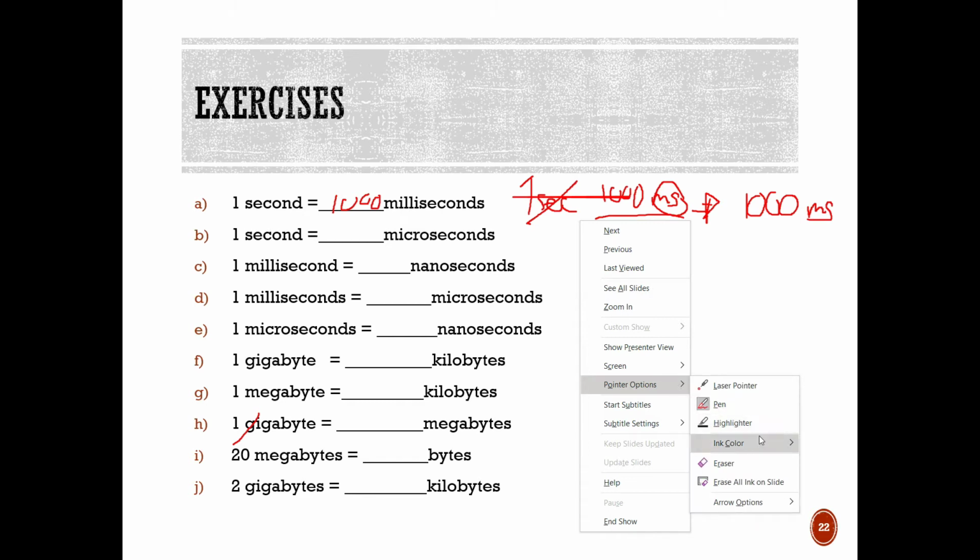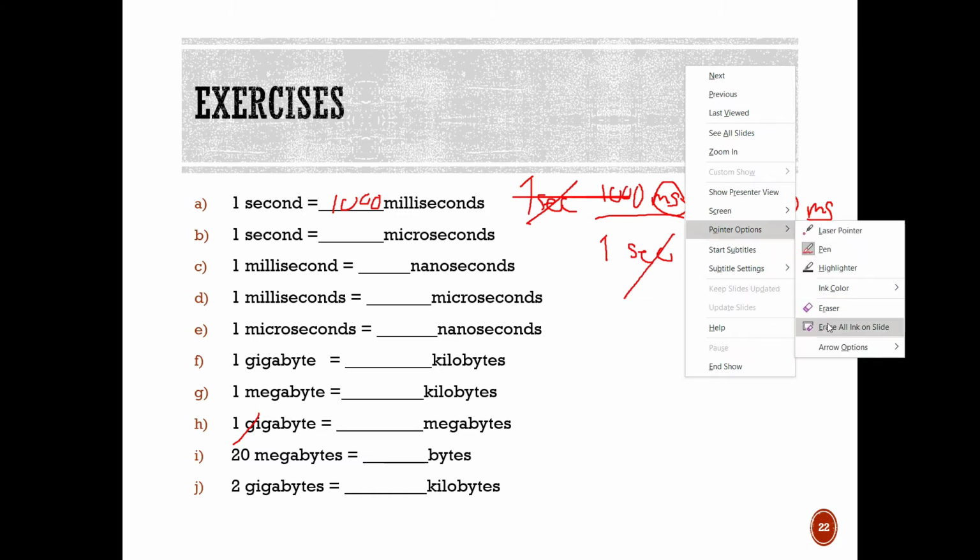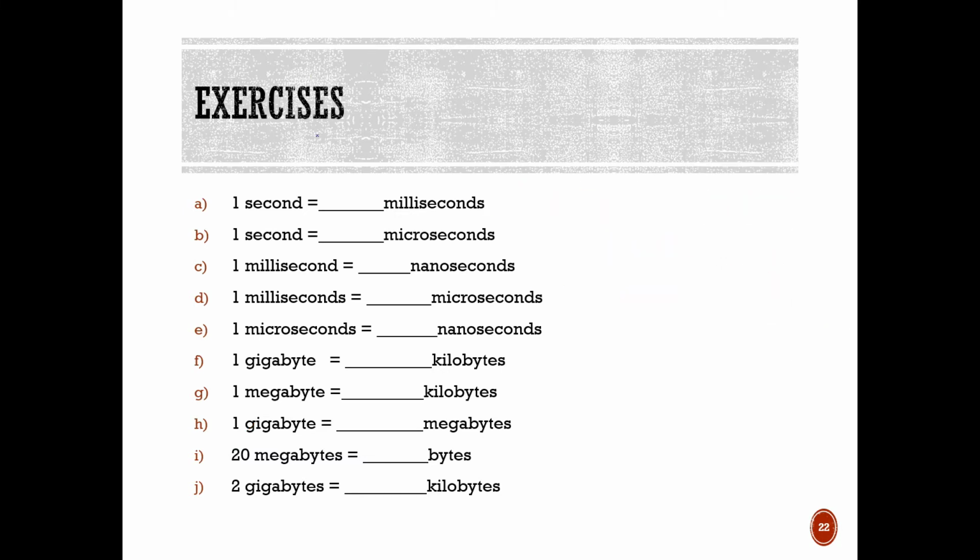Then we'll move on to the next one. We'll do a different color, purple. Erase all the ink. It's going to be around the same thing. It's going to be 1 second. Now you want to cancel out the seconds, 1 second on the bottom. How many microseconds in 1 second?